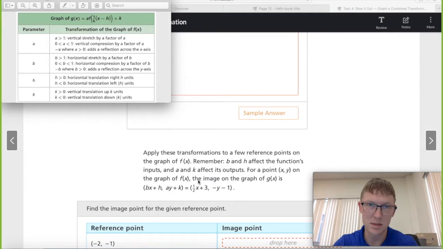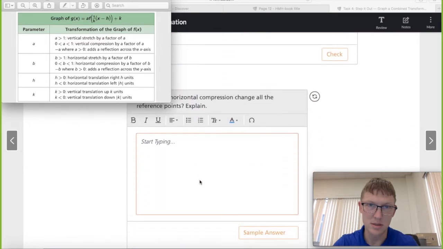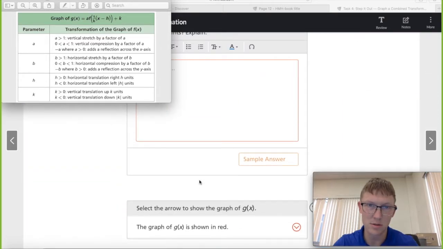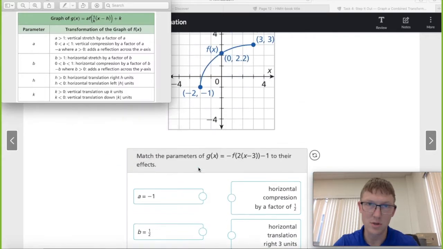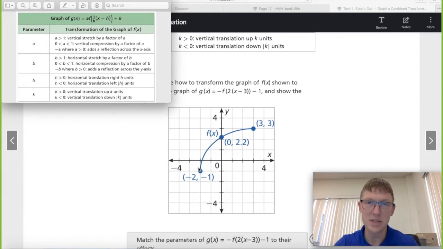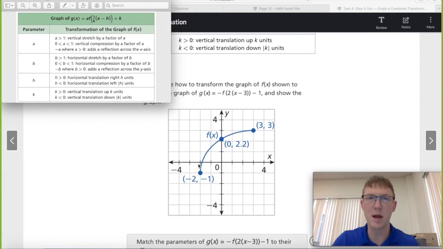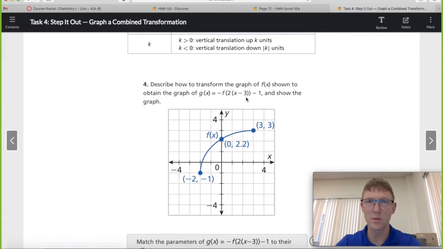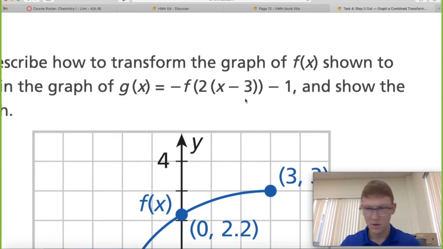Let's see. Do they actually give us a picture? They will eventually. So let's just take it one step at a time, okay? So we've got, if we zoom in on this a little bit, we've got a couple of things going on.